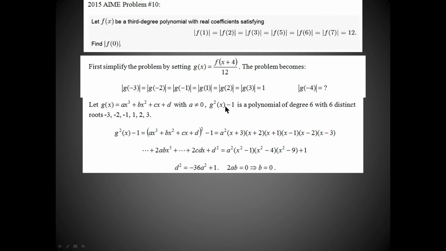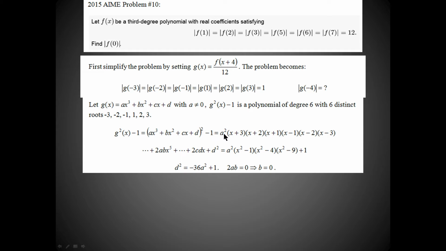If x is all those numbers, g squared of x will actually be 1, so minus 1 will be 0. So this is a polynomial of degree 6 with 6 distinct roots. This is nice because a degree 6 polynomial has 6 distinct roots.